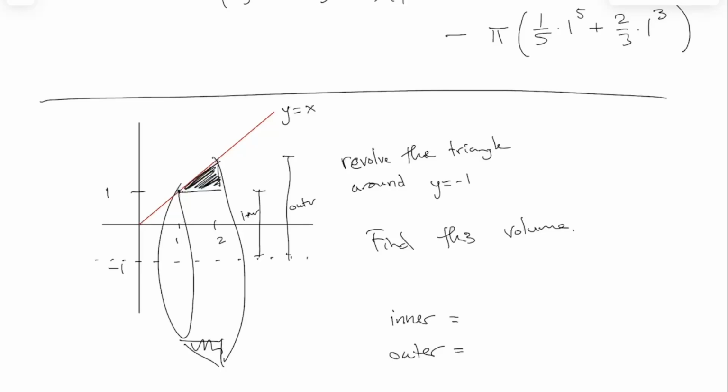Oh yeah, these lines are drawn in different places. So the inner radius goes from here to here. It's just the one that's going in, so that's just going to be 1 plus 1, so 2.